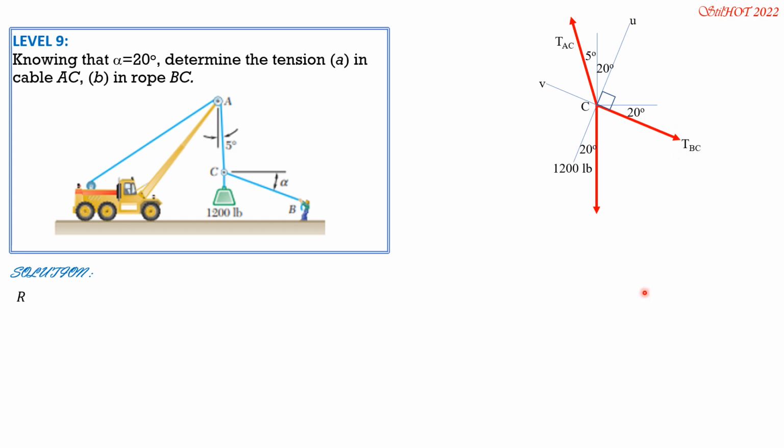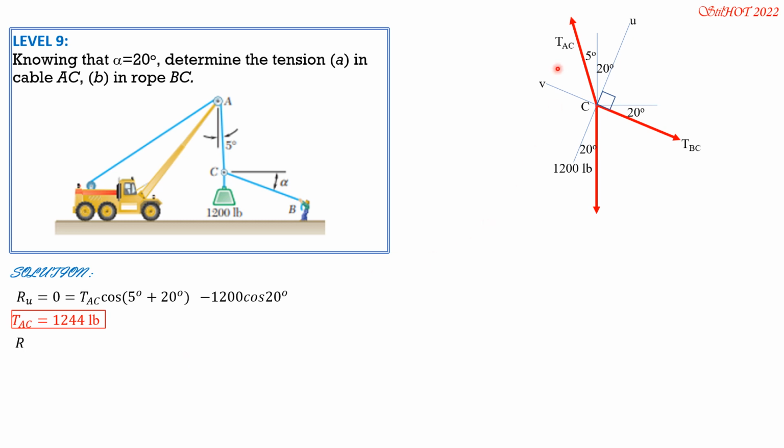Tension BC will not be involved. Therefore tension AC is 1,200 cosine 20 divided by cosine 25. So tension AC can now be computed. It is equal to 1,244 pounds.